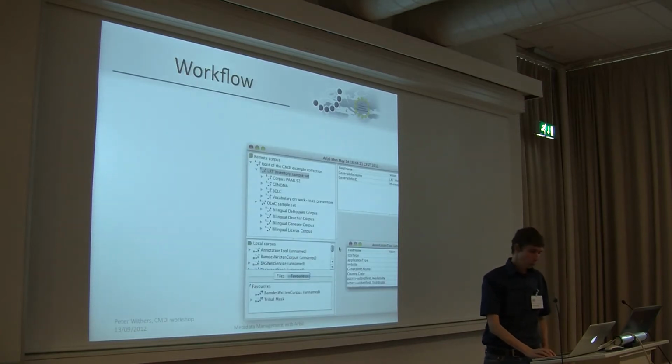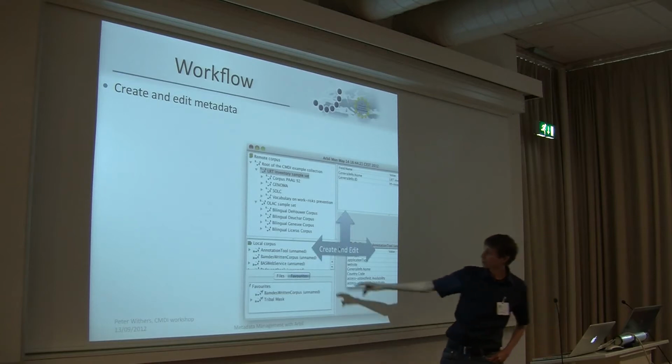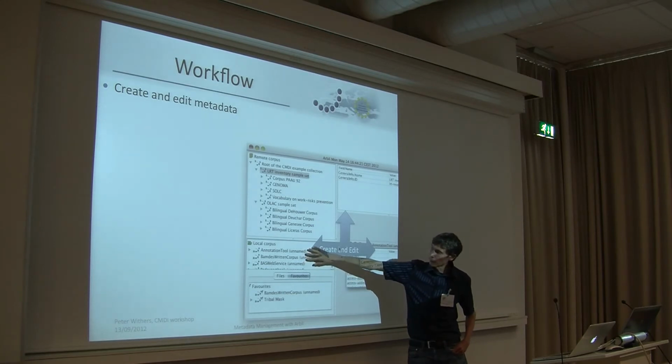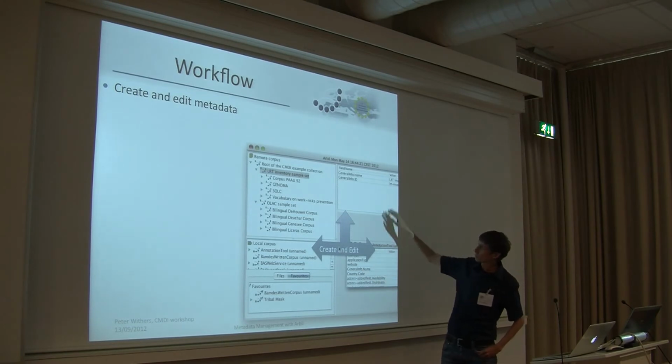So essentially these are the areas that you're editing and creating. This is a tree view of your metadata and data. This is the table view and then the preview. So these are the editable areas of the application.